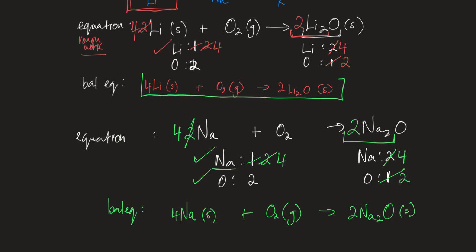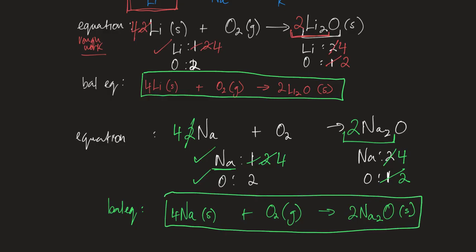Look at that. And look at that. When I'm dealing with group 1, the balanced equations all look the same. Look at the oxygen and the oxygen. Look at the oxide and the other oxide. Right? It's the same thing.